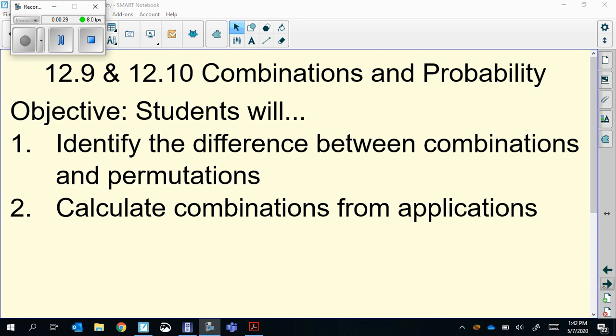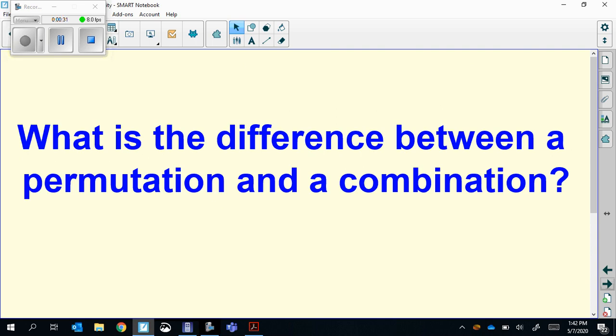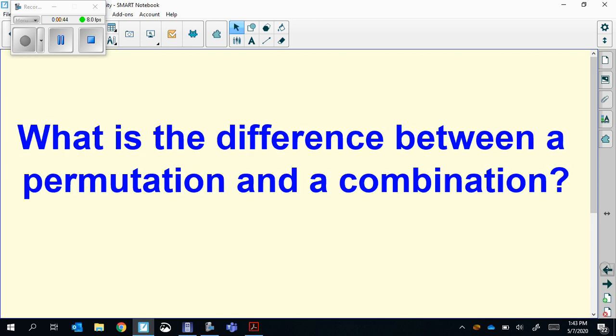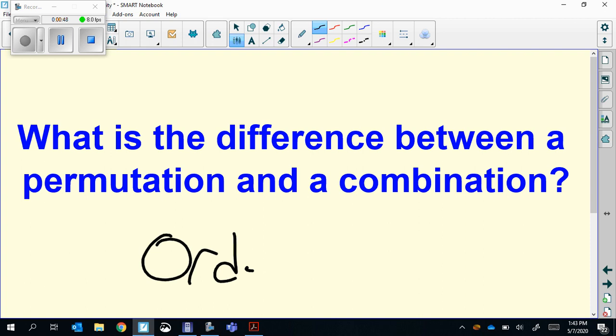some application situations. So the difference between a combination and a permutation is order. Permutations, order matters. Combination, it does not. So the first thing you're going to ask is, does order matter? It matters for permutations, it does not for combinations, because you're just combining different things.